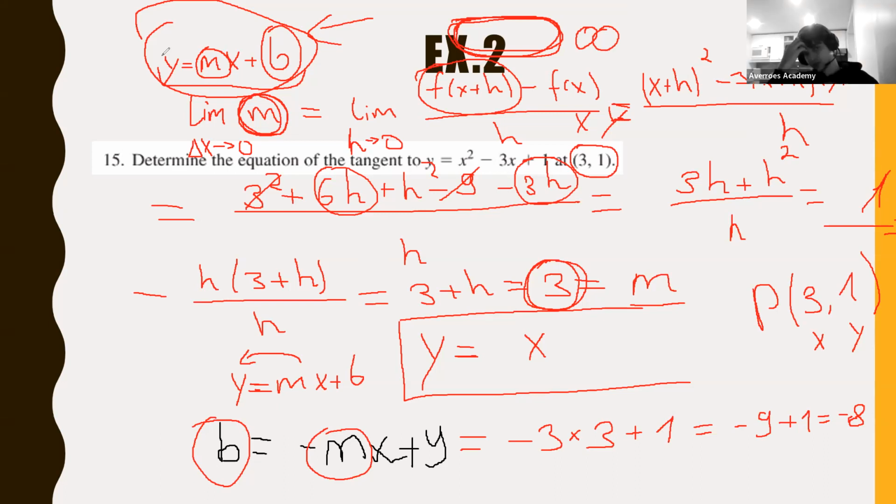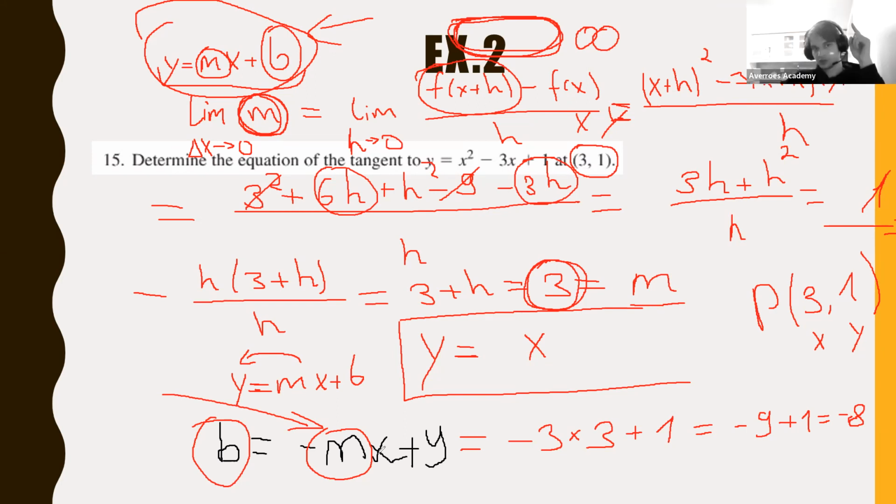So what would be the equation of a line? We already evaluated all the necessary information. We got m. What is m? 3. In other words, m is what feature is that? Oh, it's the height.